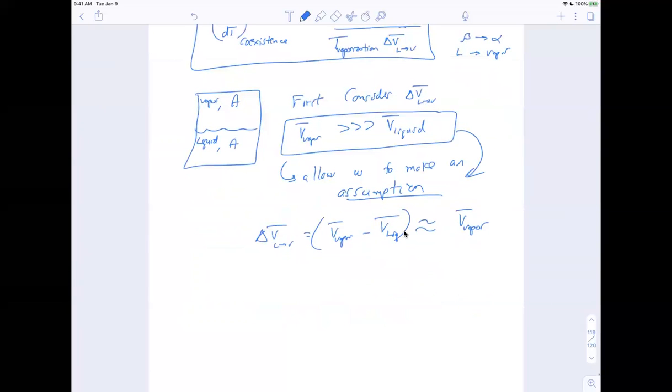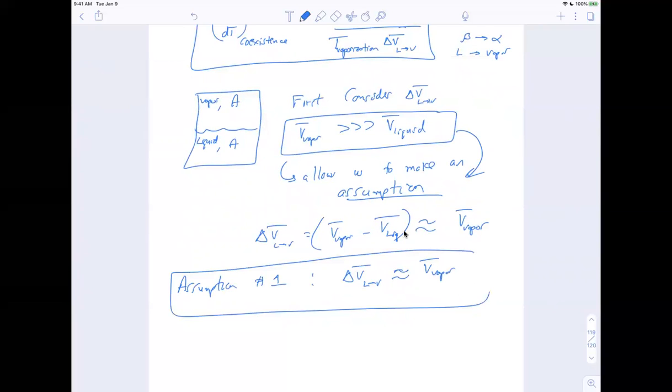Okay, so that's assumption one. So it allows us to make one assumption. So assumption number one, delta V bar, liquid to vapor, is equal to V bar of the vapor. Okay, so that's our first assumption.